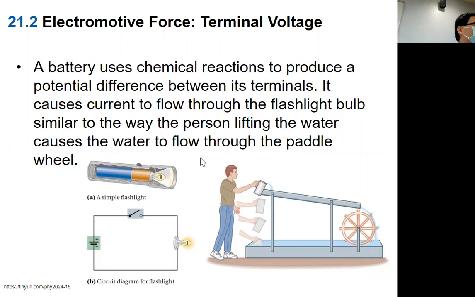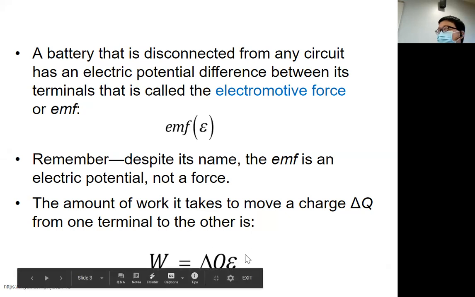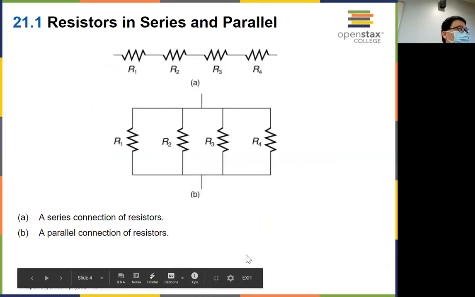The symbol is epsilon. You can also use V if you want. If you move an amount of delta Q from the positive terminal to the negative terminal, then the work done is equal in magnitude to delta Q times epsilon, or Q times V.